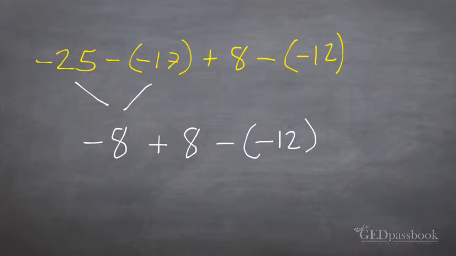What are you going to do next? Well, you'll do the negative 8 plus 8. Negative 8 plus 8. So tell me, this is a weird one. They're adding integers, so which one of the rules am I going to use? Do they have same sign or different signs? Different signs.